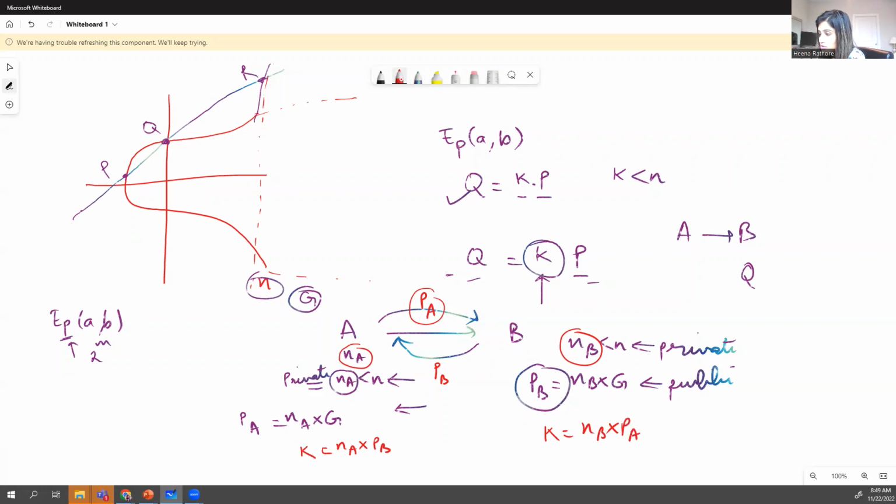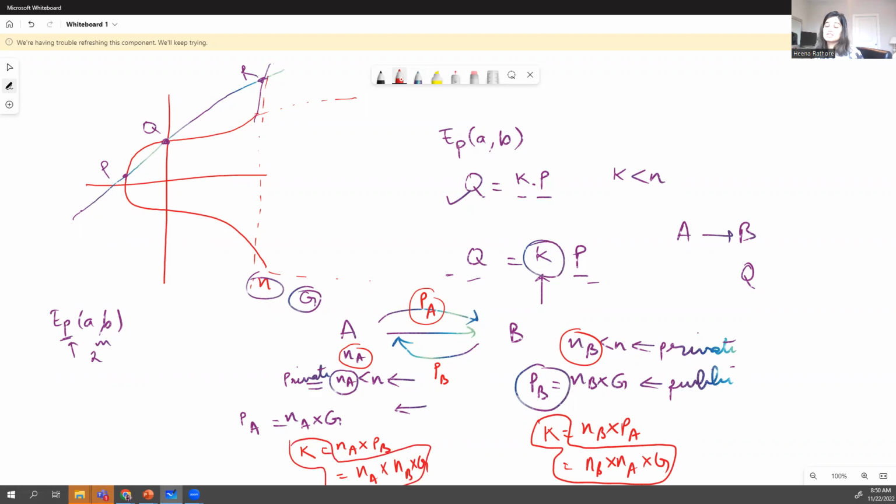If we substitute this value, PB is NB times G, so NA times PB is NA times NB times G. And NB times PA, where PA is NA times G, gives the same. So in the end, we get the same secret key.